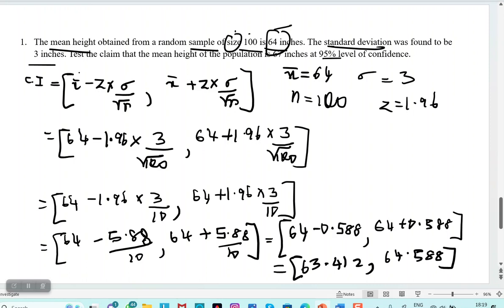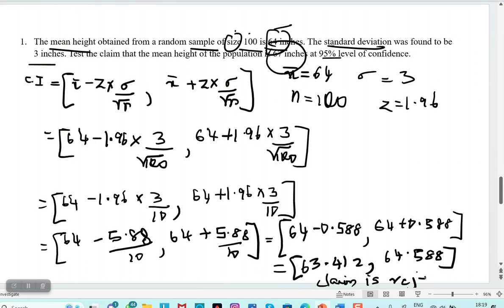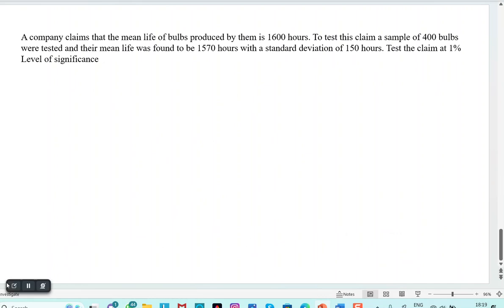Now in this case the testing value is 67. 67 does not lie here, so therefore we say that the claim is rejected. If you observe, 67 does not lie between 63 and 64, so the claim is rejected.